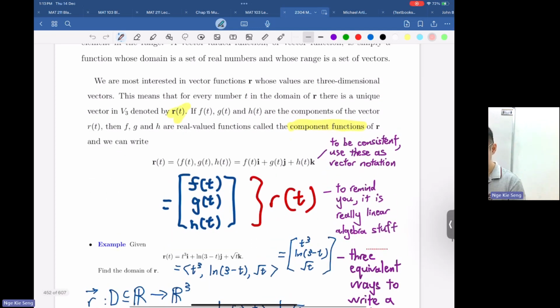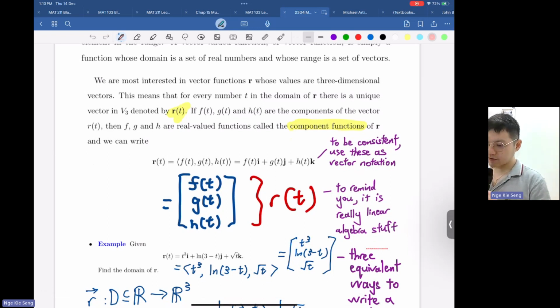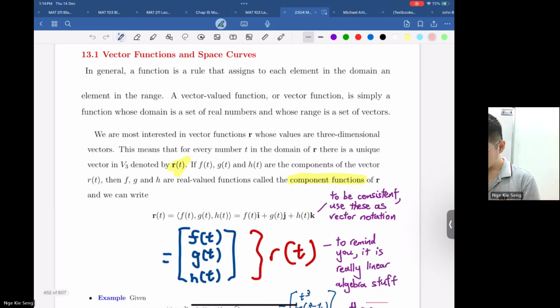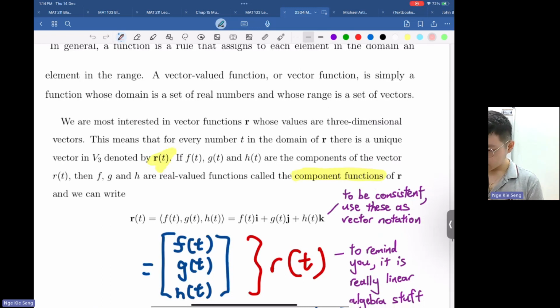So for example, how do you define this vector function here? Let me write here. Let's say this vector function is r, with domain R, going to, let's say, R2.